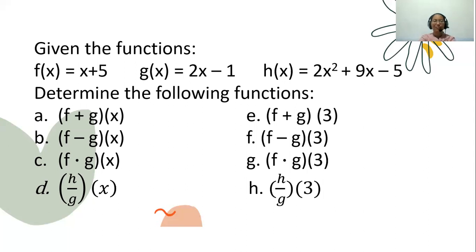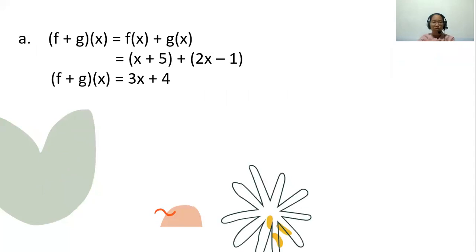So let's perform now. Finding the sum of the two functions, we have (f + g)(x) is equal to f(x) + g(x), which is the original definition of addition of the two functions. Let's substitute or replace f(x) by x + 5 and g(x) by 2x - 1.